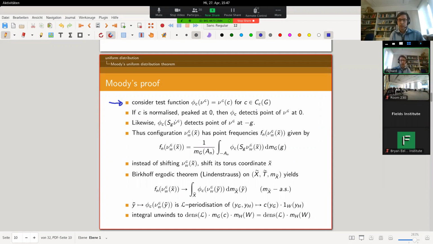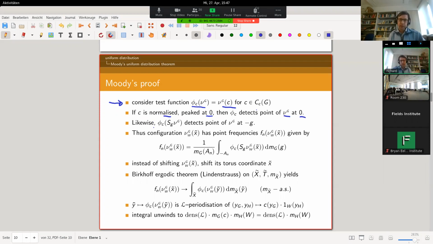And this is done via evaluating your measure at a test function. Some function, compactly supported and continuous on G. You think of it being normalized and peaked at 0. And this function, of course, you can use in order to detect a point of your measure, or your point set, at 0.